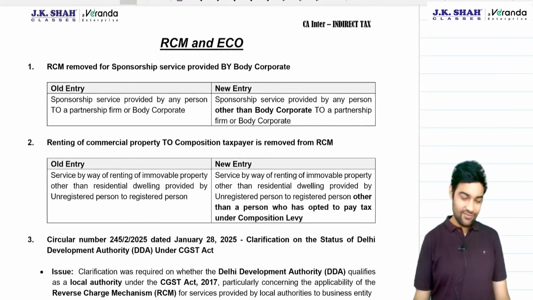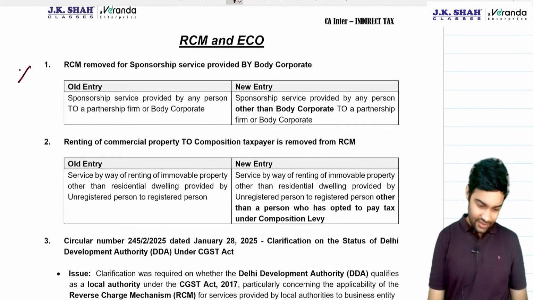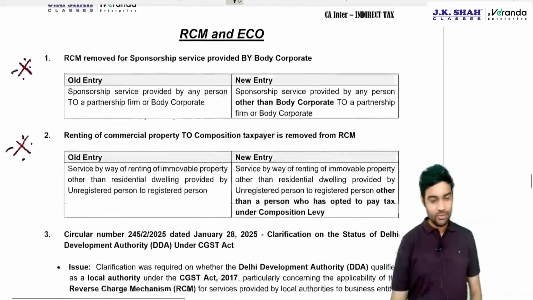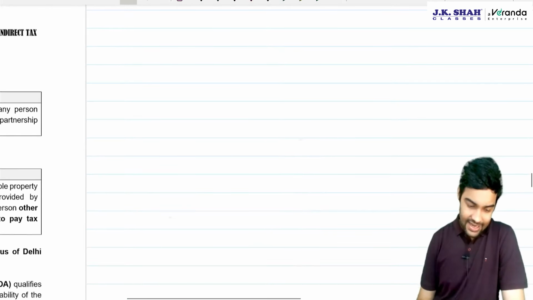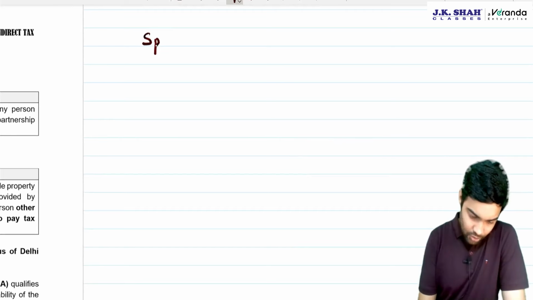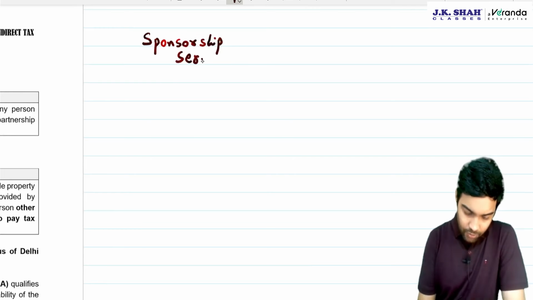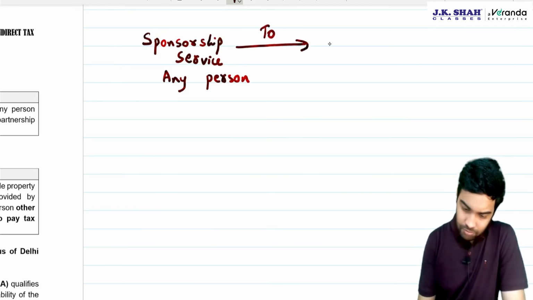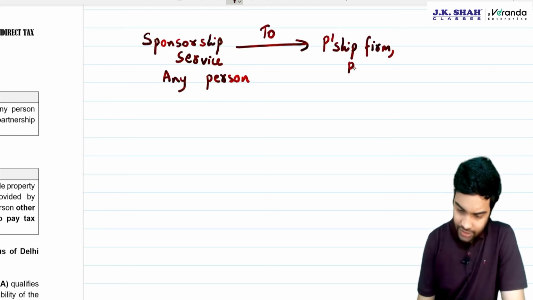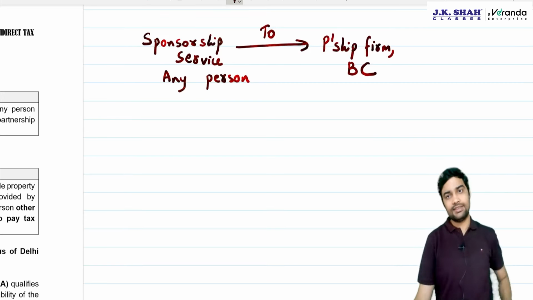Now very important, very very important. First, second one, both are very important. Need to be strong with the law. Now, see, first let me tell you what was the entry earlier. Sponsorship provided by any person to partnership firm, comma, body corporate is covered by RCM.